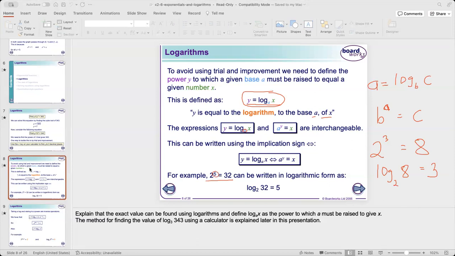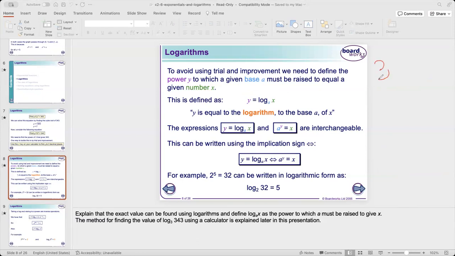So you can pause this. I'll ask you to do this: 3 to the power of 4 equals 81. Can you pause the video and try to do this question? Express it in logarithm. So it should be what?